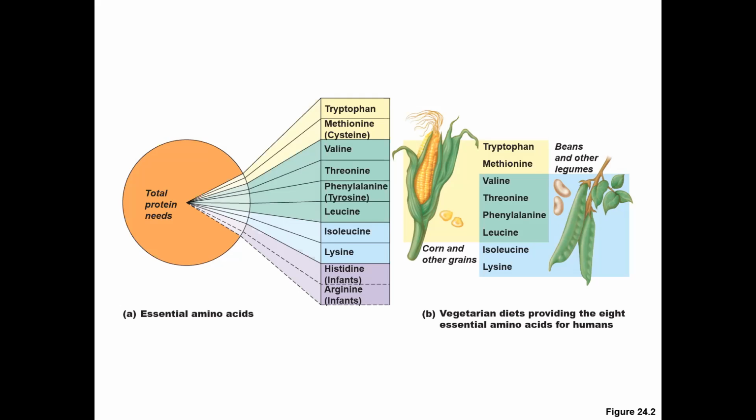So a grain plant and a bean plant, rice and beans, very popular combination to give you everything you need. Because of the overlap, the green area here, we get all the amino acids we're going to need if we mix and match our plant sources.